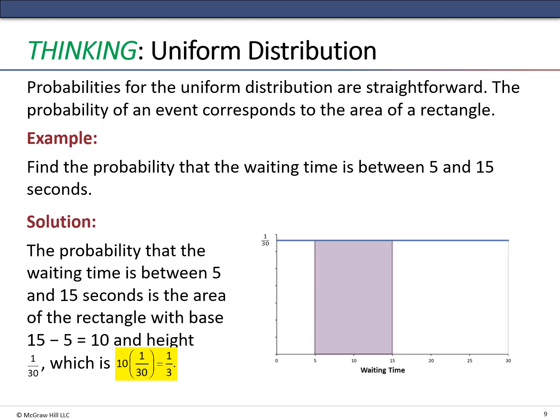And so we get that the probability that the waiting time is between 5 and 15 seconds is equal to the area of the rectangle we see shaded, and that is equal to 1/3. The quantity of the width, 10, times the height of the rectangle, 1 over 30.